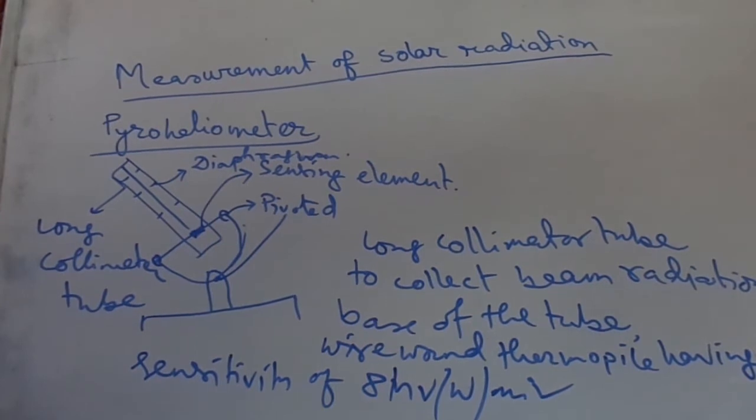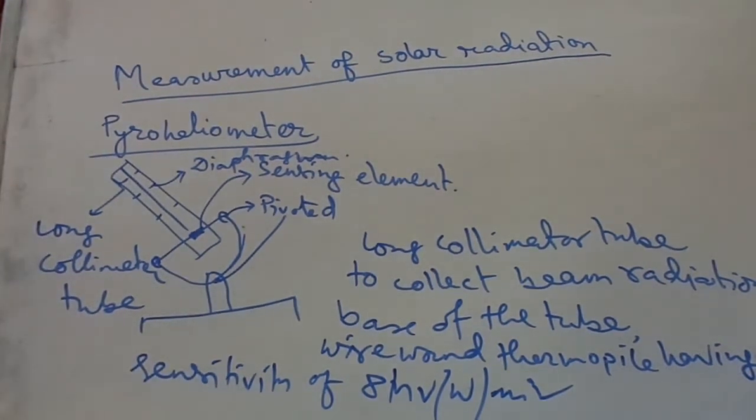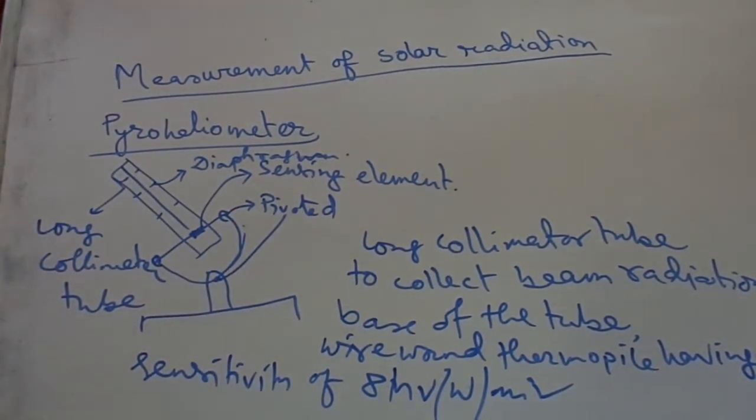The tube is sealed with dry air to eliminate absorption of beam radiation within the tube by water vapor. A tracker is needed if continuous readings are desired.